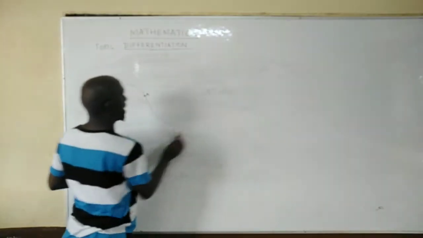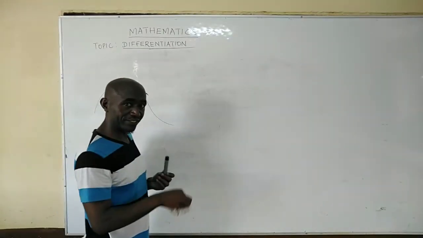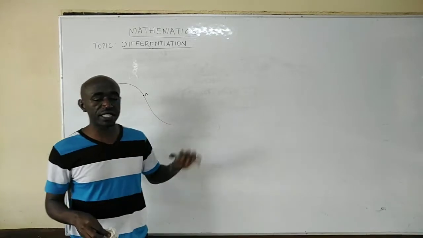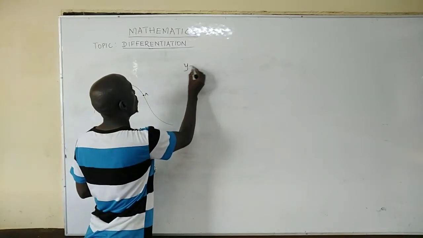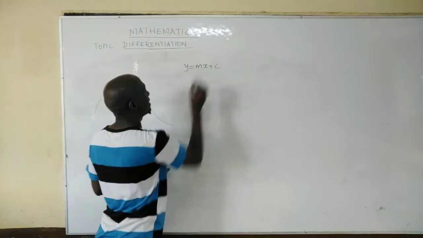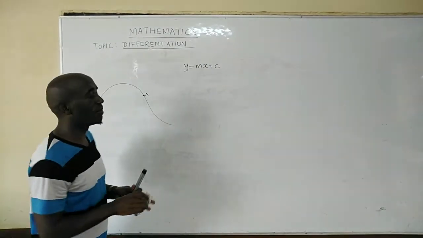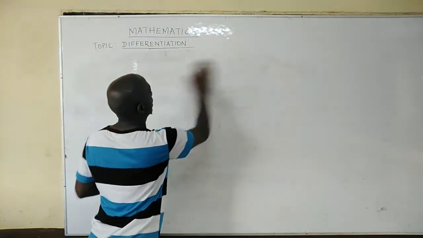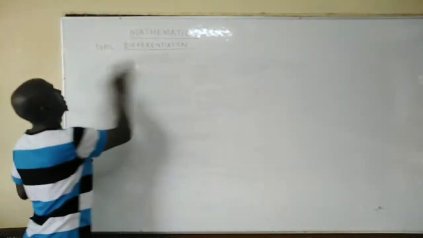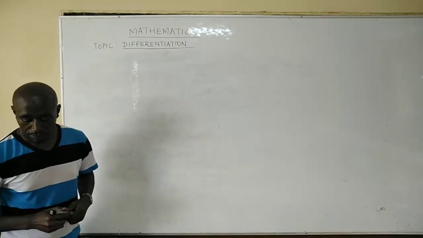So that concept is what you are going to apply in finding the equation of that tangent. Since the tangent is a straight line, you know that the equation of a straight line is in the form y = mx + c. You learned that in form 2 and also form 1, I think.